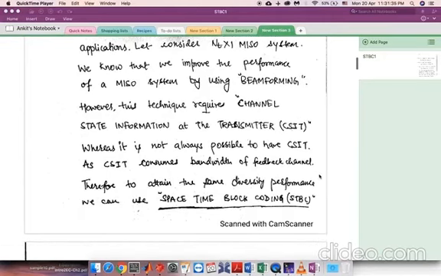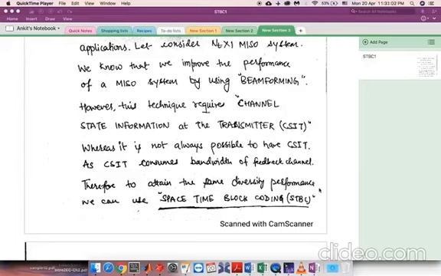Hence, a new technique has been introduced, which is known as space-time block coding. It helps to attain the same diversity performance equivalent to beamforming, while in the absence of channel state information.